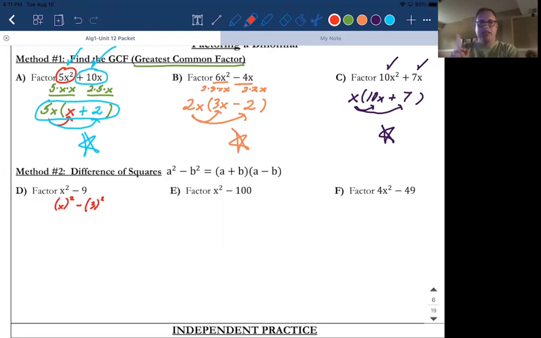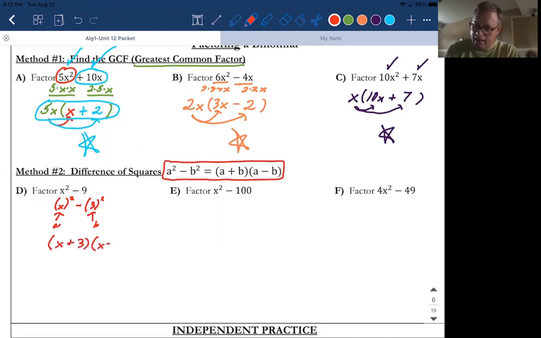Now, because of this, I can think of my x as the a and the 3 as my b. So by this rule that I'll put in a red box here, x squared minus 9 is going to factor into x plus 3 and x minus 3, because the rule says a plus b times a minus b.